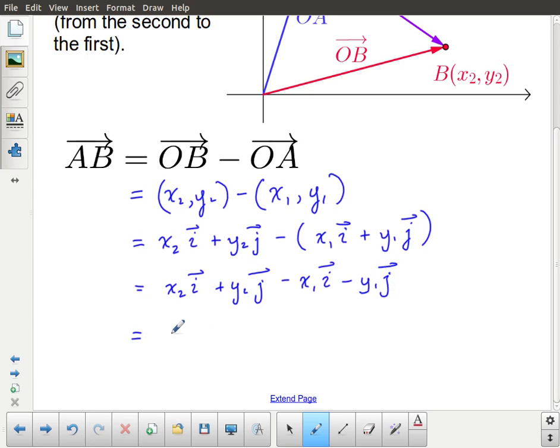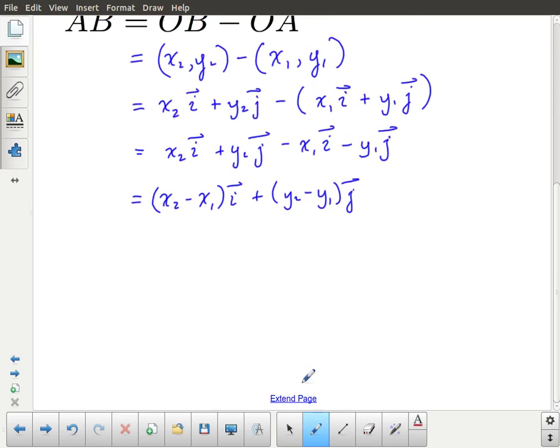And then when I factor things, I end up with x2 minus x1 times the i vector plus y2 minus y1 times the j vector. That's perfectly fine if you were to leave it in that form, or we could write that in our bracket notation: x2 minus x1, y2 minus y1.